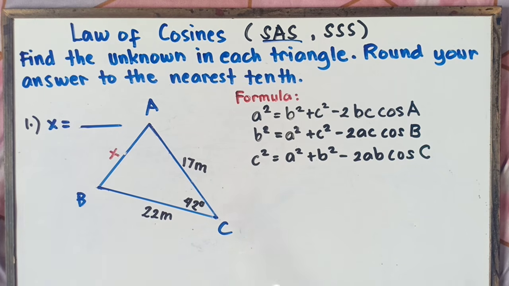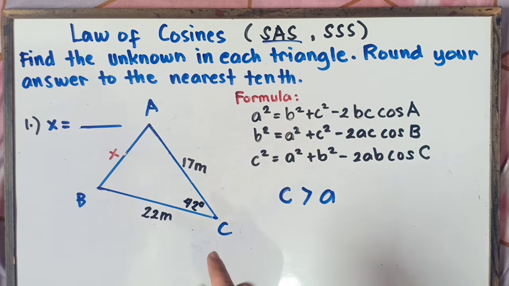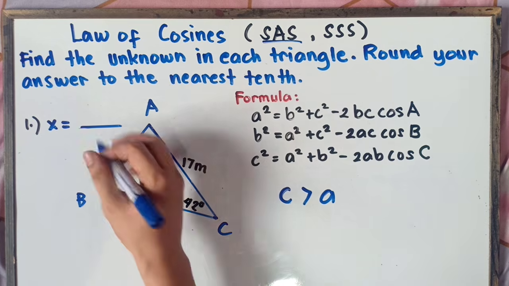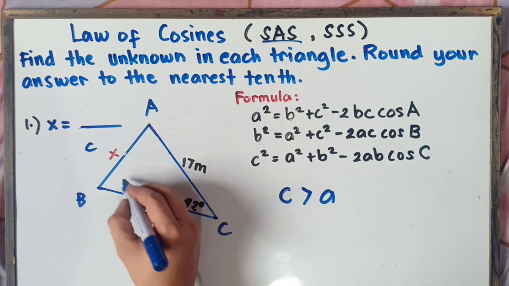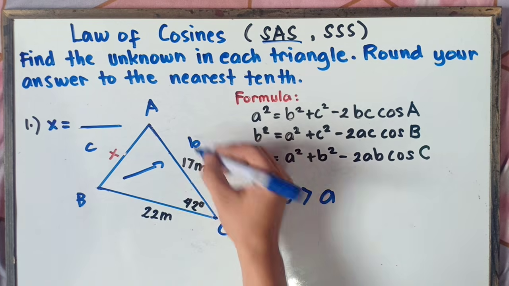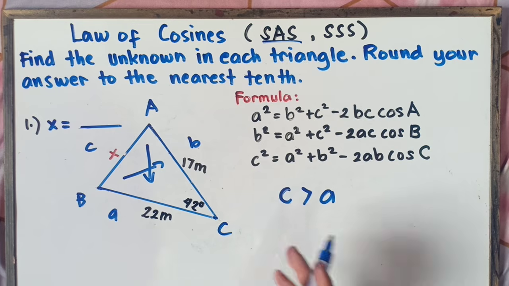Question, sir, is it necessary that A must be greater than B, or that C must be greater than A? Class, if this is angle C, this will be side C. If this is angle B, opposite of angle B would be side B. Opposite of angle A would be side A. Now, I have a question, class.